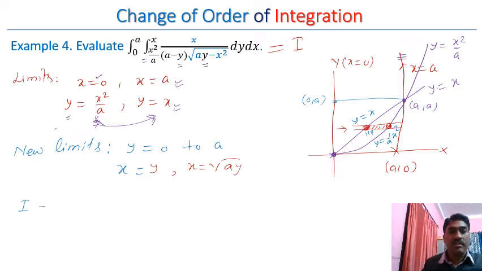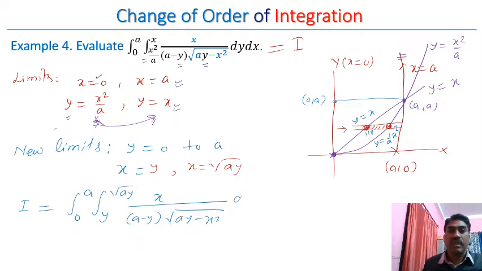So I is equal to the integral from 0 to a, this is the limit for y, and y to root ay, this is the limit for x, of x by a minus y, square root of ay minus x square, dx dy. Now we will integrate this first with respect to x.